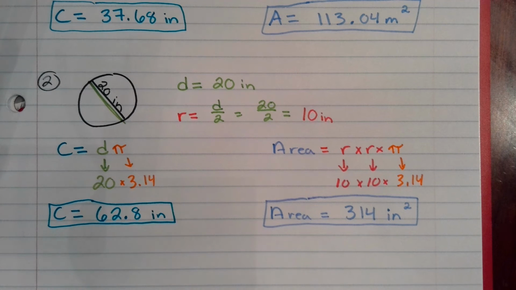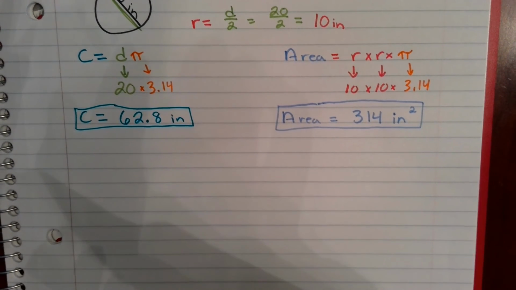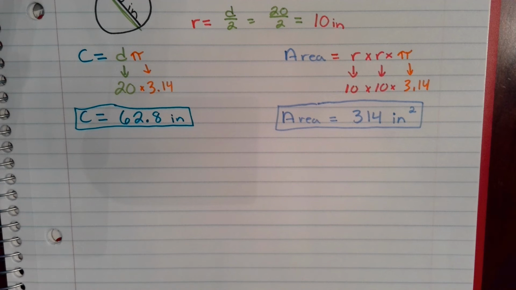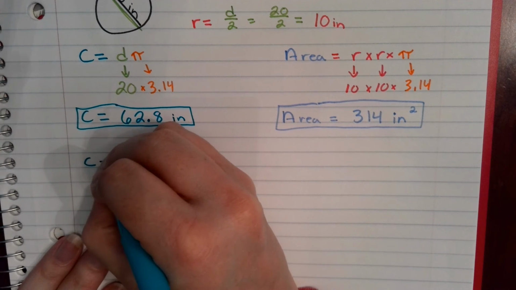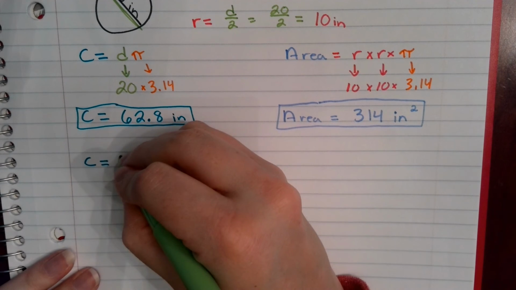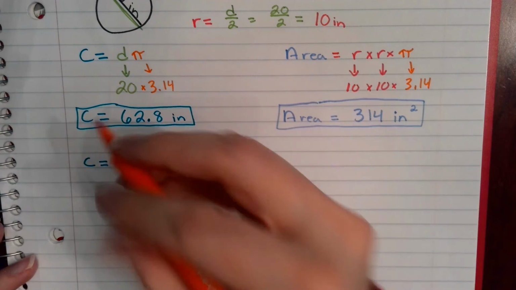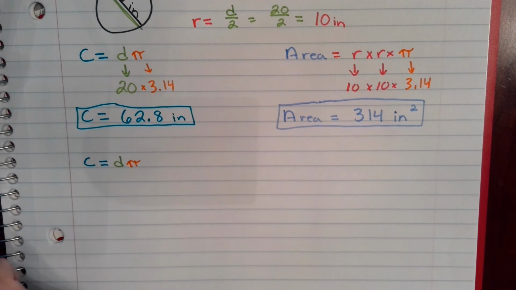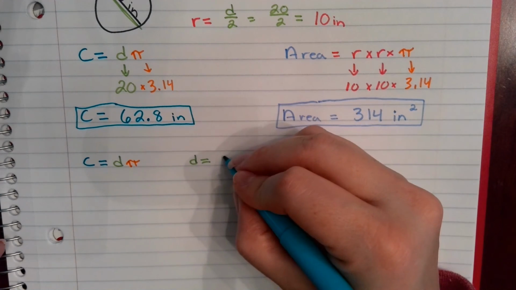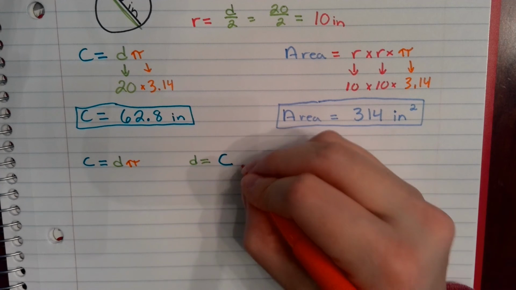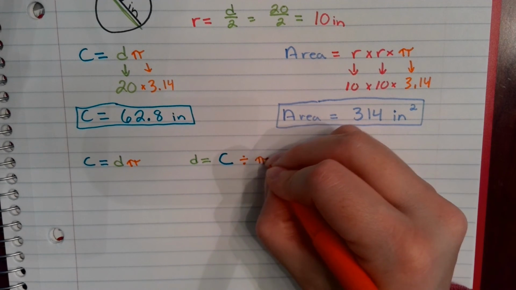All right, so let's go ahead and do one more practice problem. This one's going to be just a little bit different. So I know that the circumference is equal to the diameter times pi, right? So that also means that the diameter is equal to the circumference divided by pi.